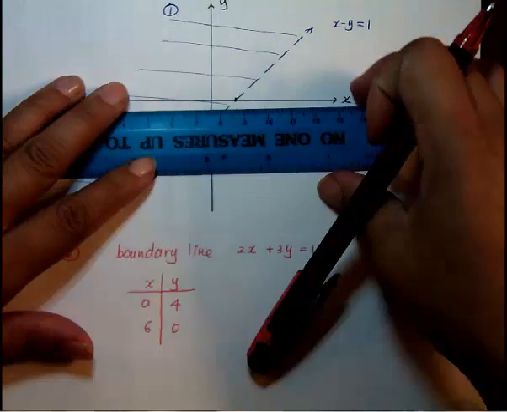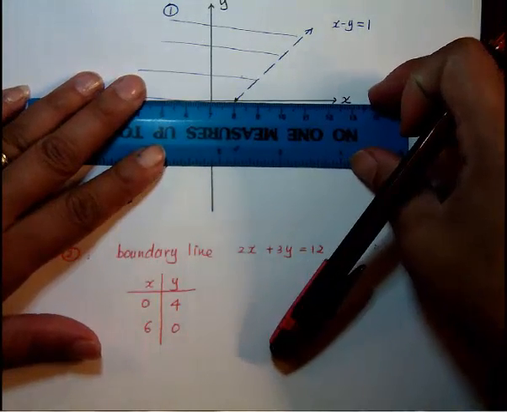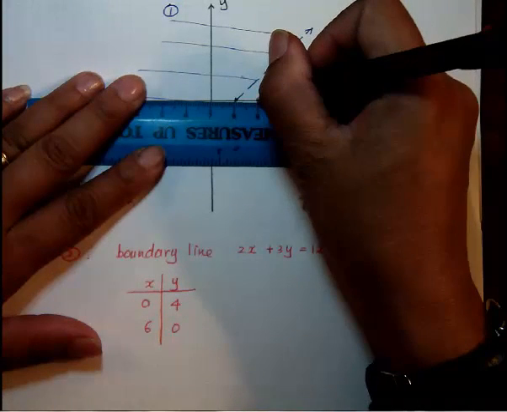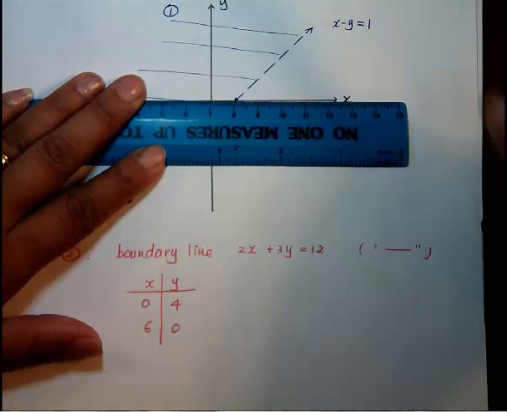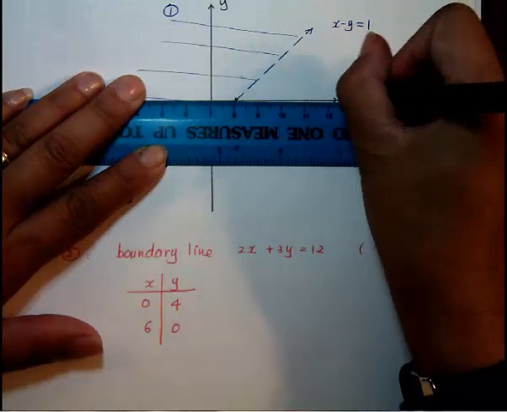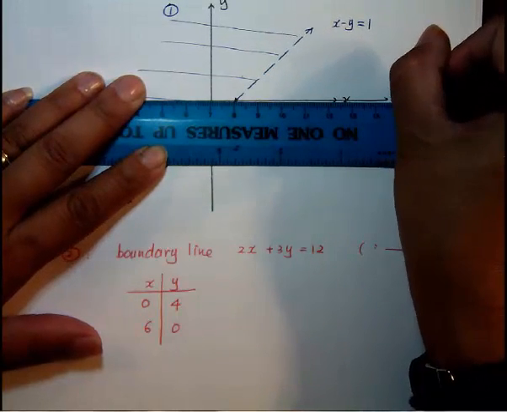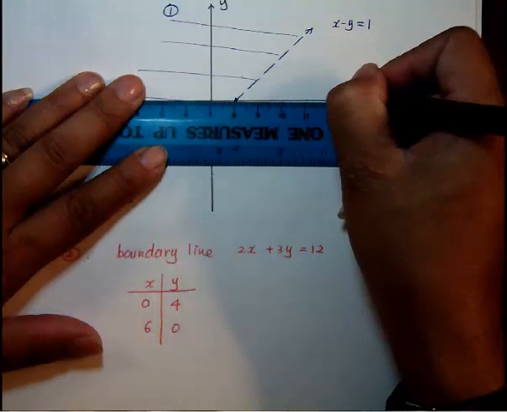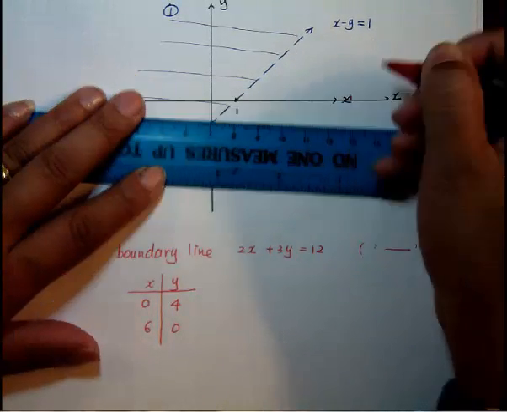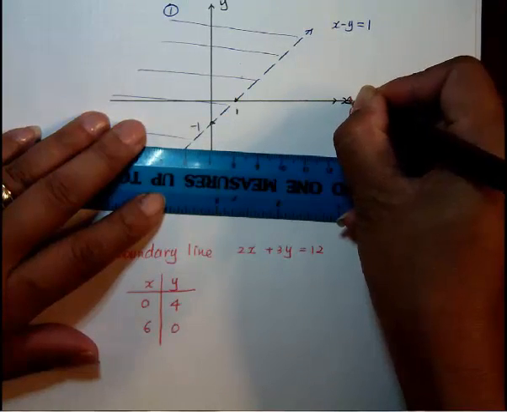Let's see. It seems I did not plan that really well. 6, 2, 3, 4, 5. Oops. Let me extend the axis. 6 is right here, so that's one point.